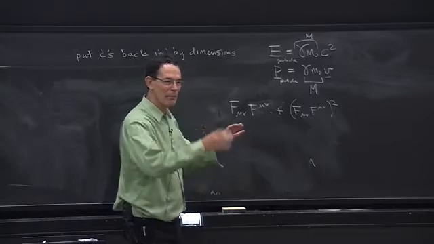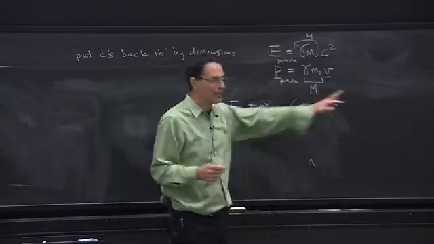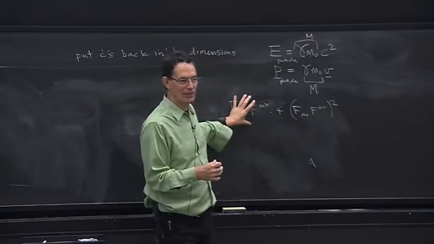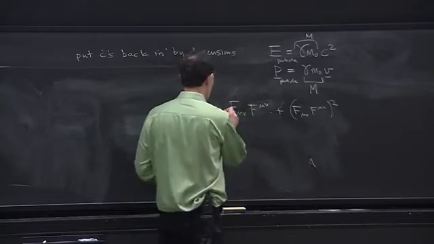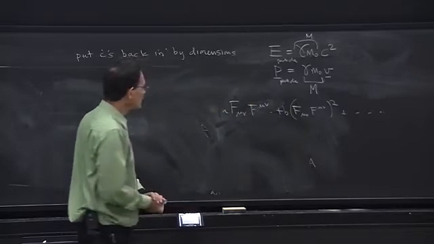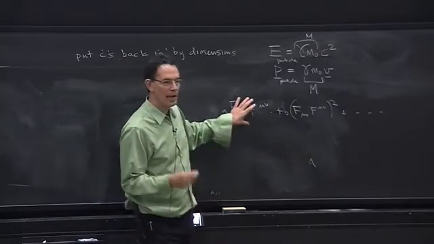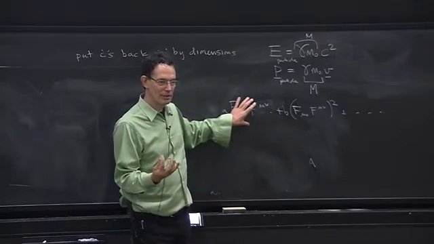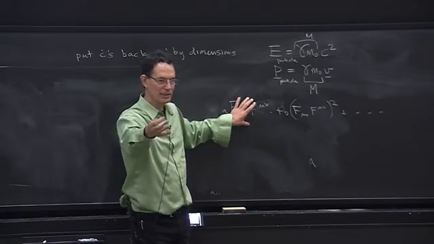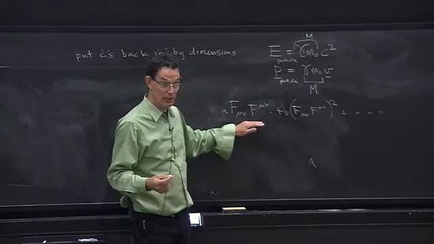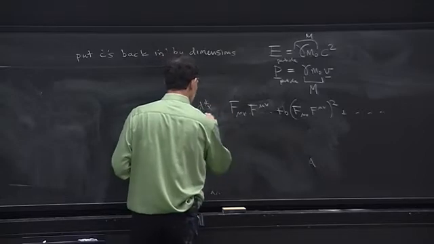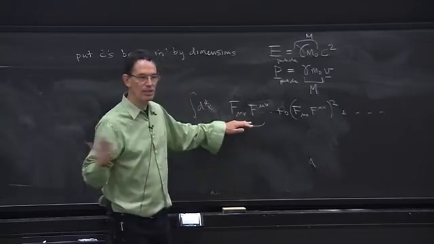Then you say, okay, imagine I could Taylor expand my action in the fields around 0. What am I allowed? Well, I could have this term, and I could have all the other terms. And then the argument is the following. We already saw that F goes like 1 over length squared, so this is 1 over length to the 4th. So you can already see that the action for this term would be dimensionless.